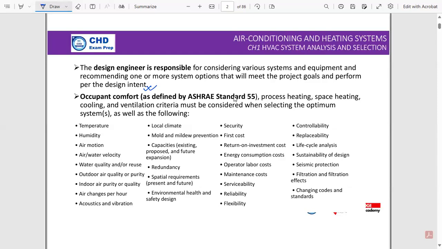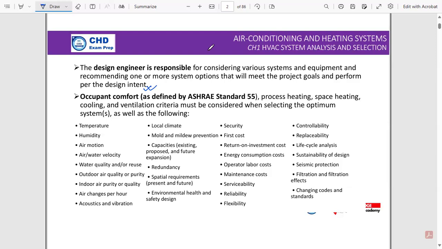For example, if I go to a commercial project, I study the project and offer the customer that either you can go for a VRF system or you can go for a chilled water based system. And depending on various factors, the customer will make the call. So the system selection will come at the very beginning of the project.